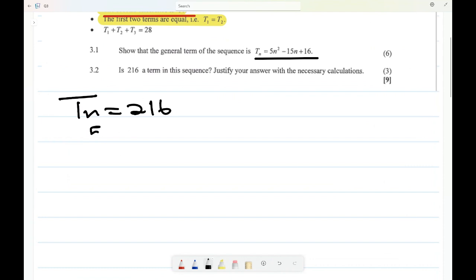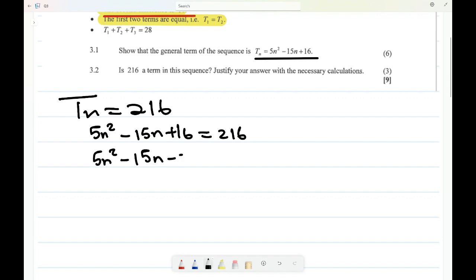So I can say 5n squared minus 15n plus 16 is equal to 216. Apply the zero factor: 5n squared minus 15n minus 16 minus 216, which is negative 200, is equal to 0.